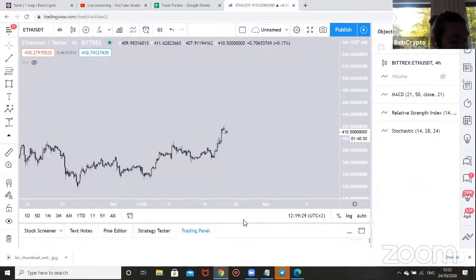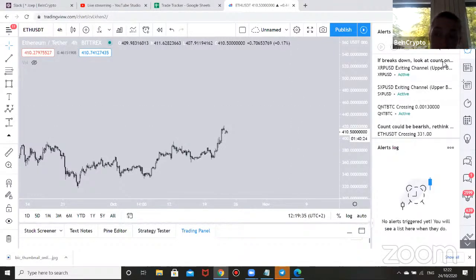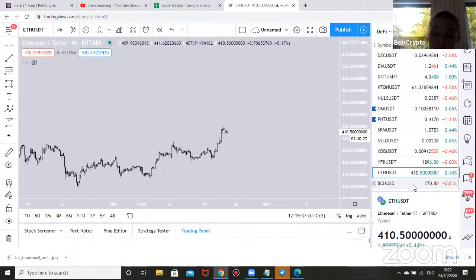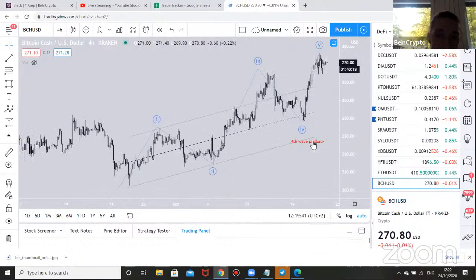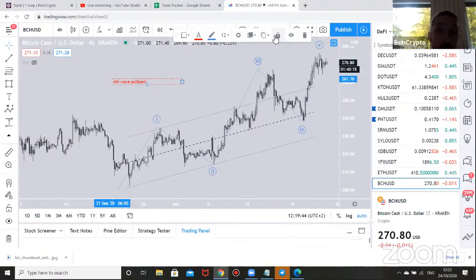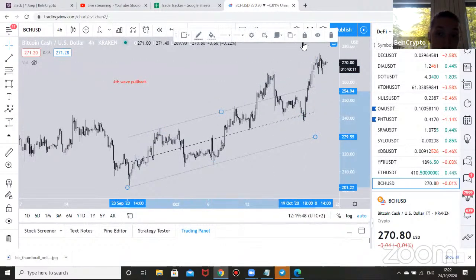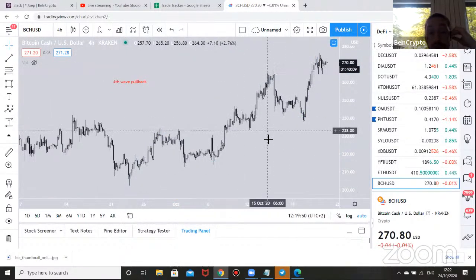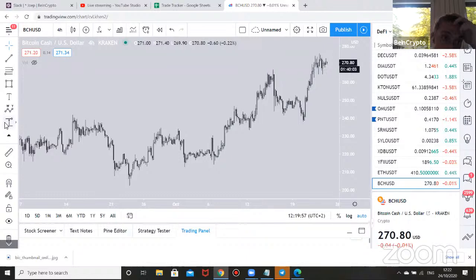Now, the next thing which I want to do is fourth wave pullbacks and channeling techniques. It's actually similar. Okay, so this is a fourth wave pullback. Now, what a fourth wave pullback means is that, let me remove everything.